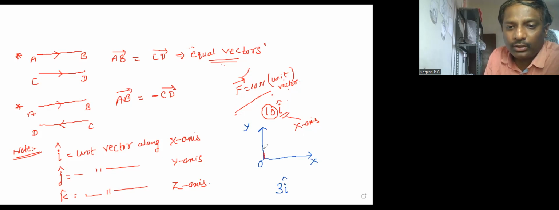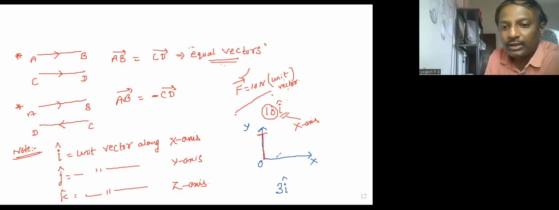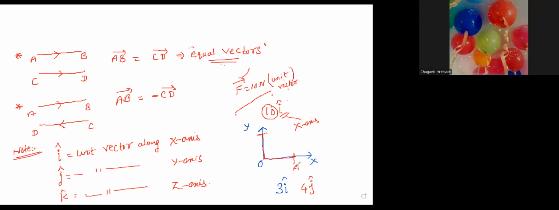Along the x-axis, good. So OA is 3I. If I give 4J cap? Along the y-axis. OB.